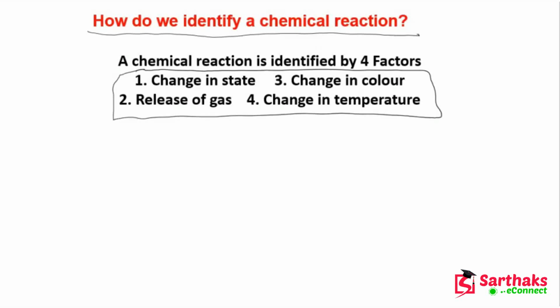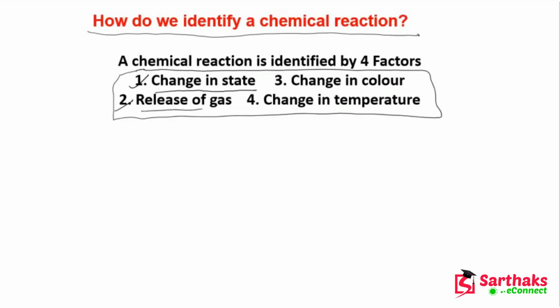If you see any of these factors, then you will say that a chemical reaction is taking place there. So what are these factors? First one is change in state. If you see that there is a change in state, then you can say that a chemical reaction is taking place there.